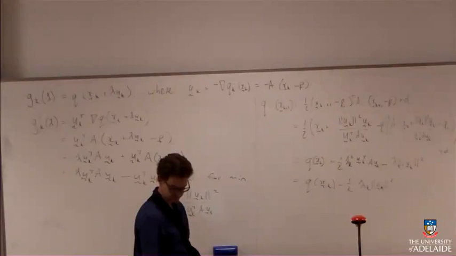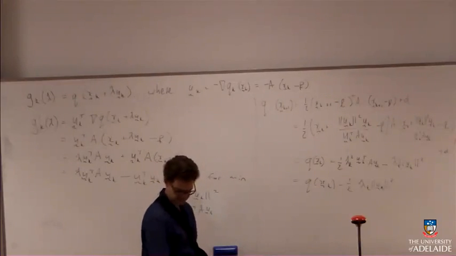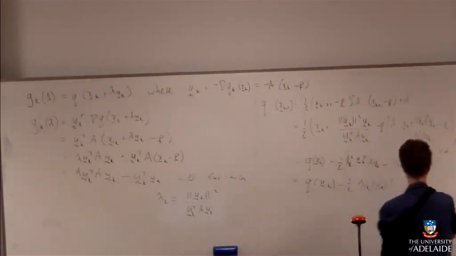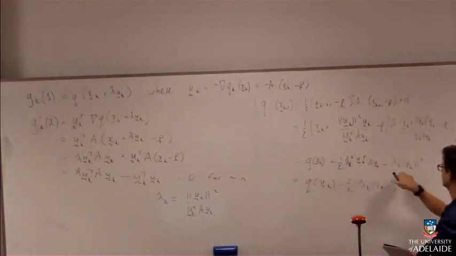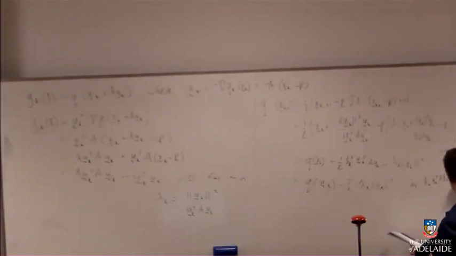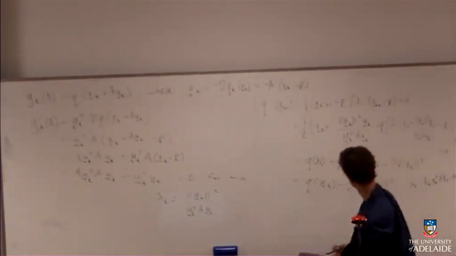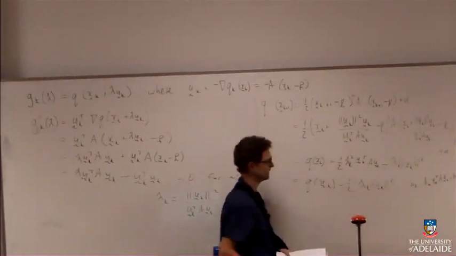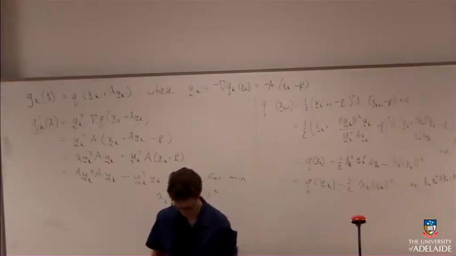And that is because that comes from the definition of lambda. So in this second term here, that's the negative of that. So lambda_k u_k transpose times A times u_k is equal to the norm of u_k squared. And so that term I can replace with lambda_k times the norm of u_k squared.